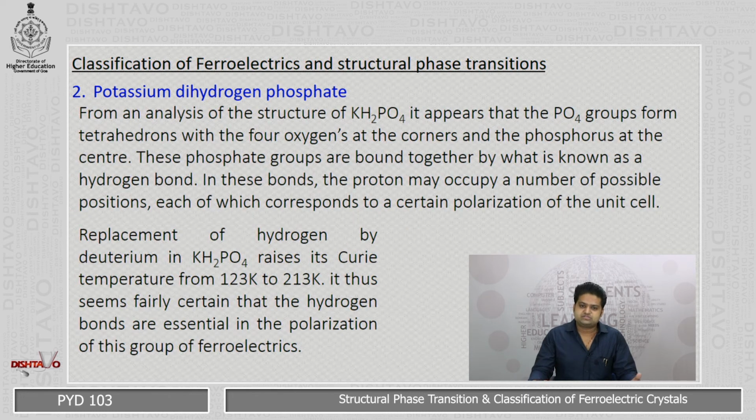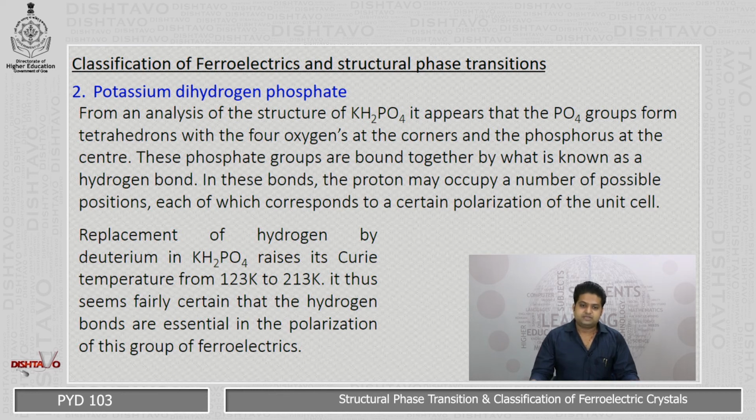From an analysis of the structure of KH2PO4, it appears that the PO4 group forms a tetrahedron with 4 oxygens at the corners and the phosphorus at the center. These phosphate groups are bound together by what is known as hydrogen bonds, and in these bonds the proton may occupy a number of possible positions, each of which corresponds to a certain polarization of the unit cell.